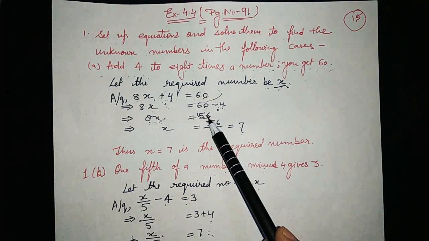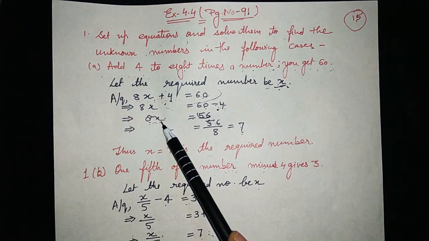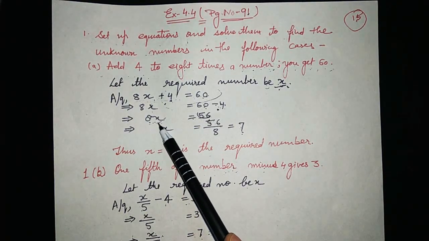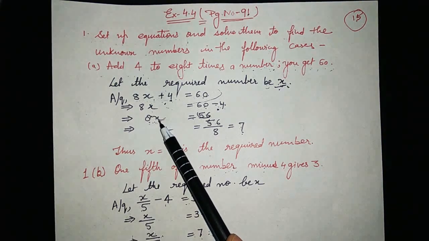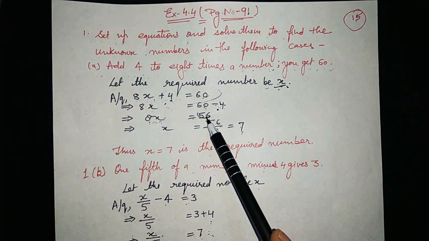After this step, 8 is in multiplication with this x. So what we have to do? We want the value of this unknown variable x. Okay, to separate it, we will divide both the sides by 8.